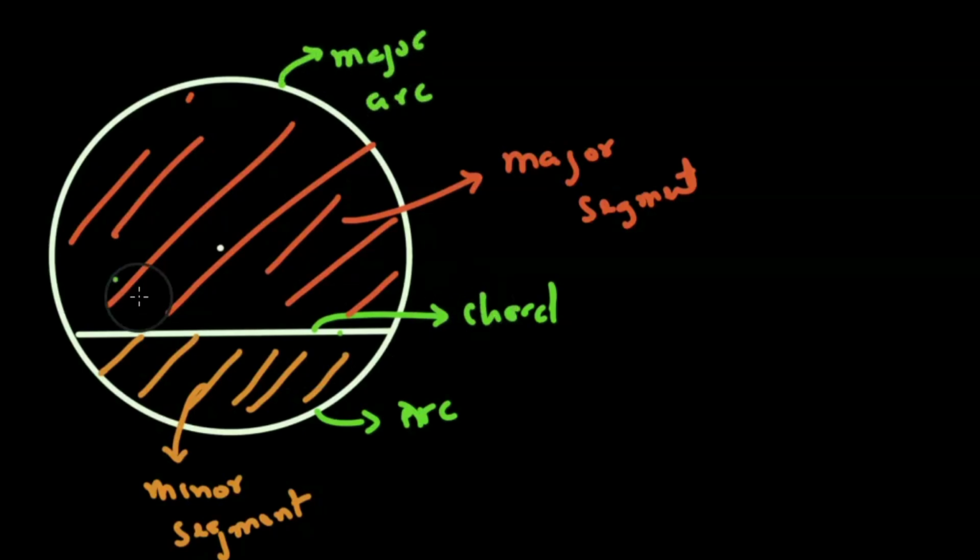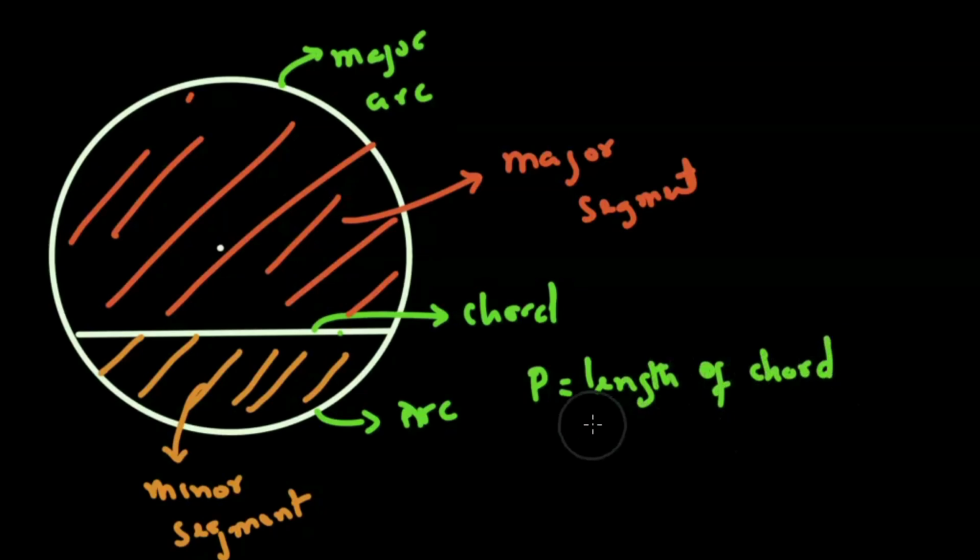Alright, so how do we calculate the perimeter of a segment? It's a very simple formula. As we have established, the perimeter is the sum of all sides. So if we have a chord and an arc, the perimeter will simply be the length of the chord plus the length of the arc. So perimeter of a segment is length of chord plus length of arc.